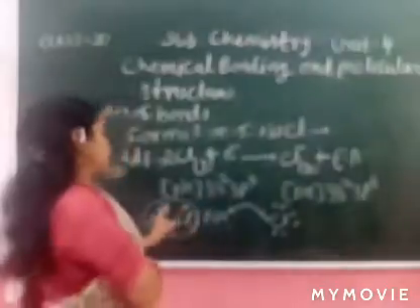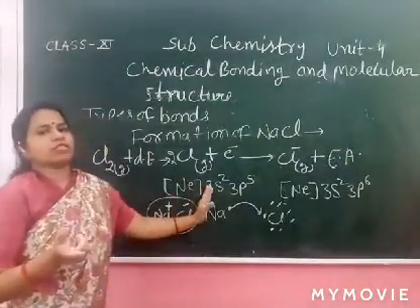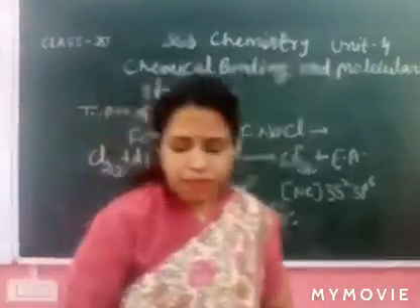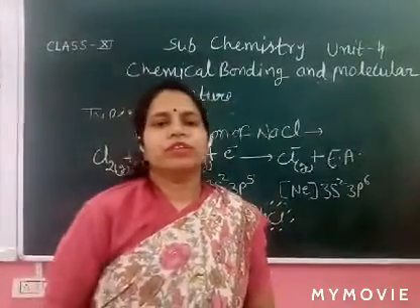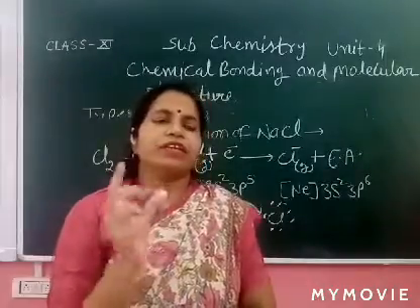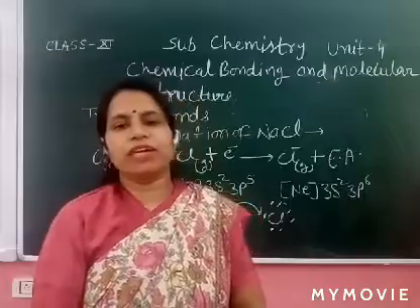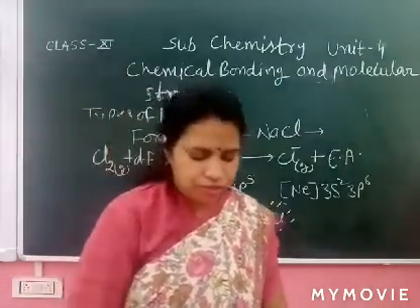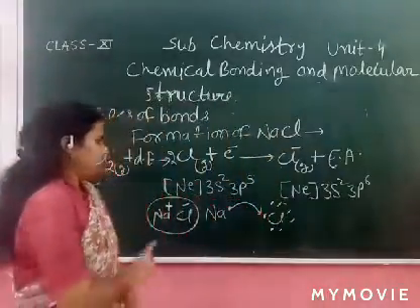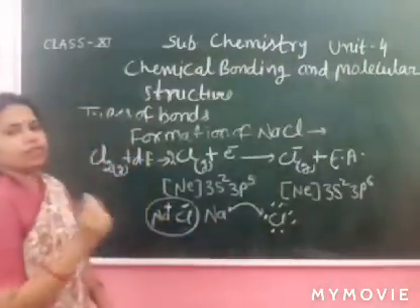What is the electrovalency here? 1. In MgCl2, magnesium donates 2 electrons and 2 chlorine atoms accept 2 electrons, 1 electron each. Now in MgCl2, valency is equal to the charge on the ions. Na plus has 1 valency, Cl minus has 1 valency.